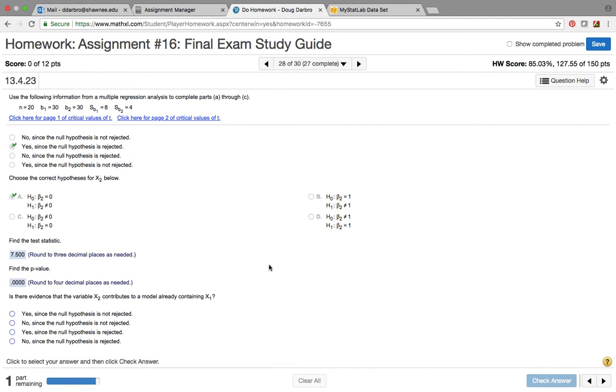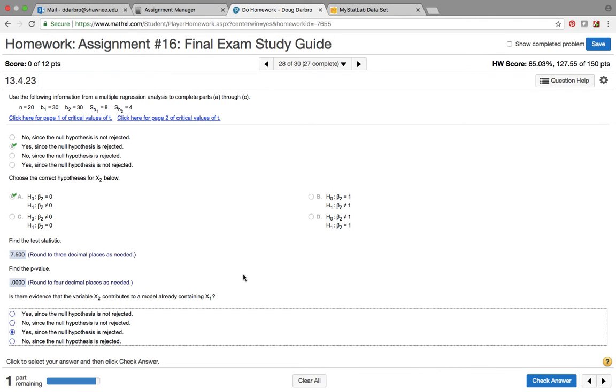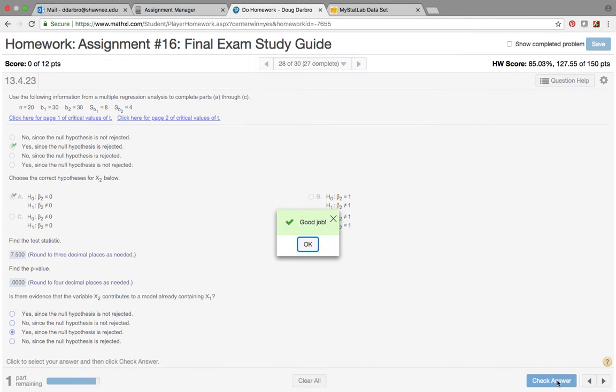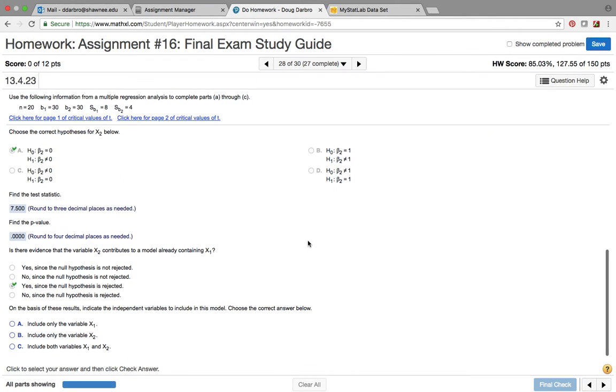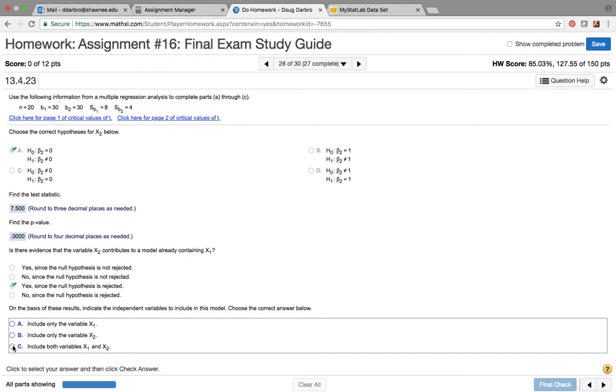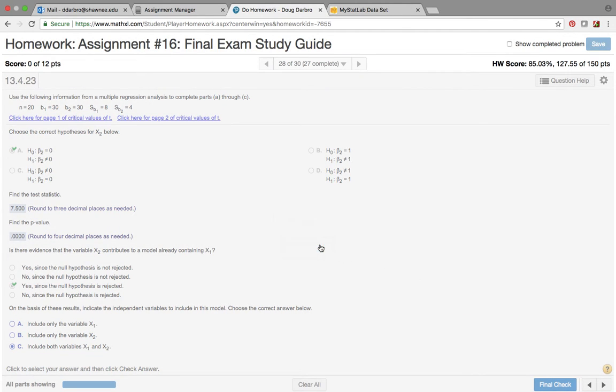Is there evidence that the variable x2 contributes to a model already containing x1? Yes, since the null is rejected. So both these variables contribute to predicting y. On the basis, which one? I'm going to include both of them because they were both significant. All right, good deal.